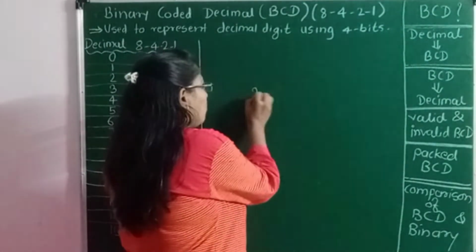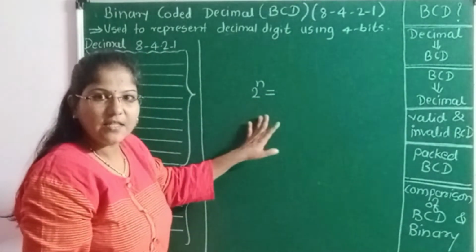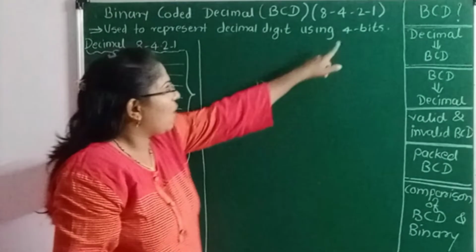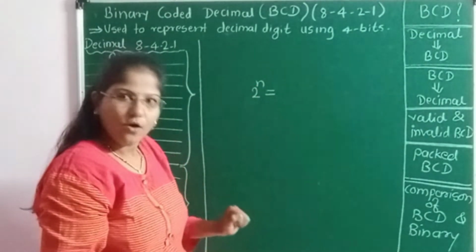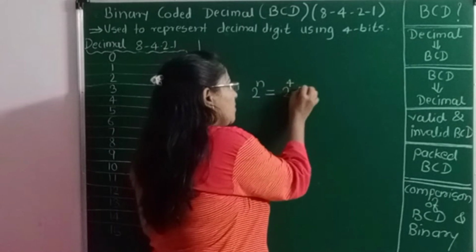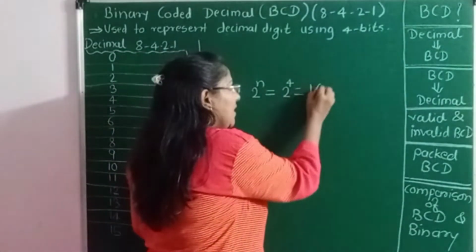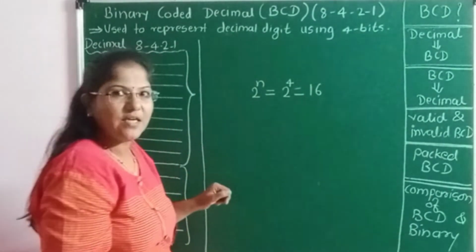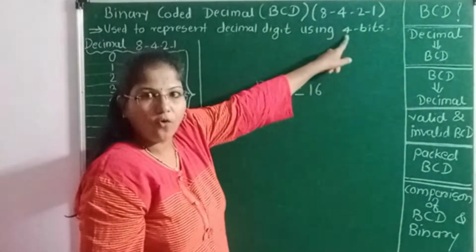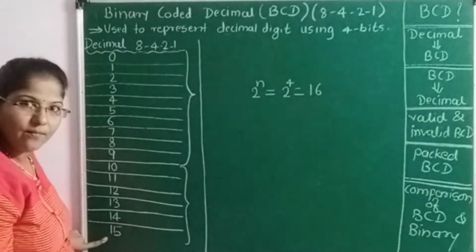Use the formula 2 raised to n, where n is nothing but the number of bits. So how many bits are used to represent number? 4 bits. So put the value of n as 4. So 2 raised to 4 is equal to 16. So total 16 numbers we can represent by using the 4 bits. So those numbers are 0 to 15.